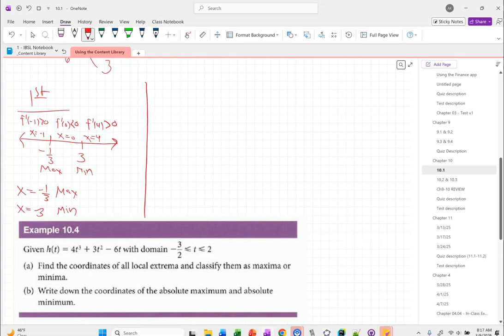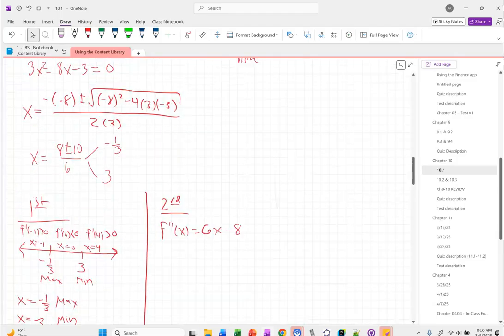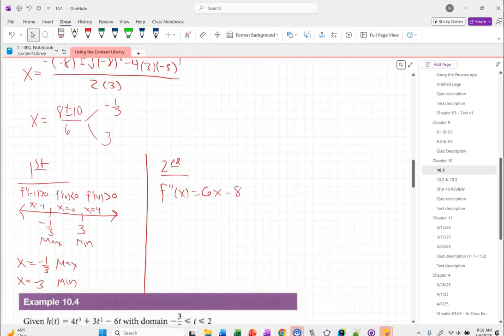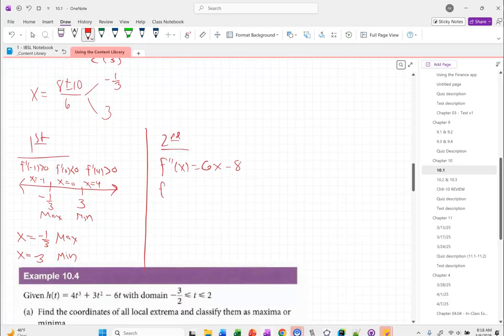Again, just to get a feel, so you can build some intuition and decide which method you like better, we'll also do this as a second derivative test. Sound good? First step in that is I need the second derivative. 6x minus 8. So again, we just took the derivative of this, and then I just compute.